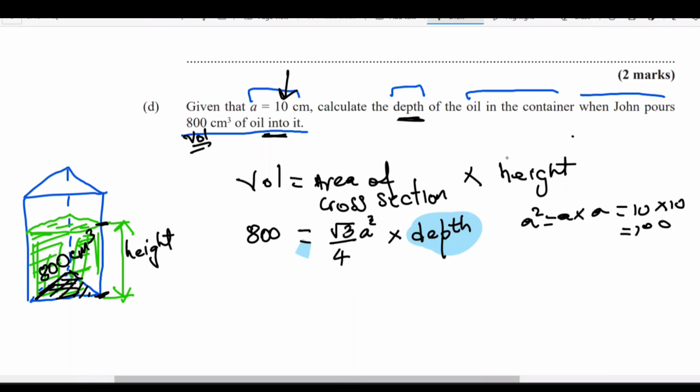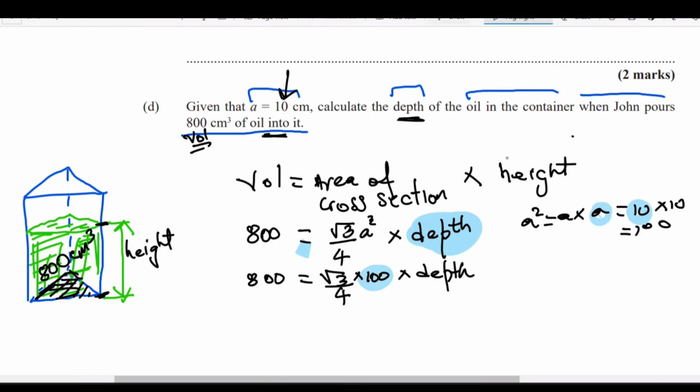So let us look at it. So we actually have 800, which is equal to the root of 3 over 4 times 100. And this will times the depth. Remember now, I just substituted A as 10 so that you could see where the 100 came from.